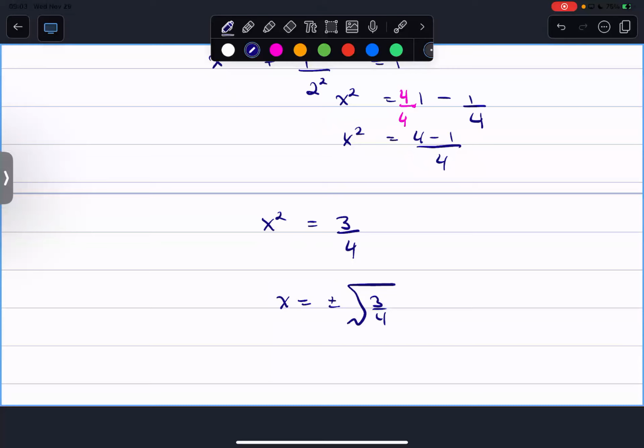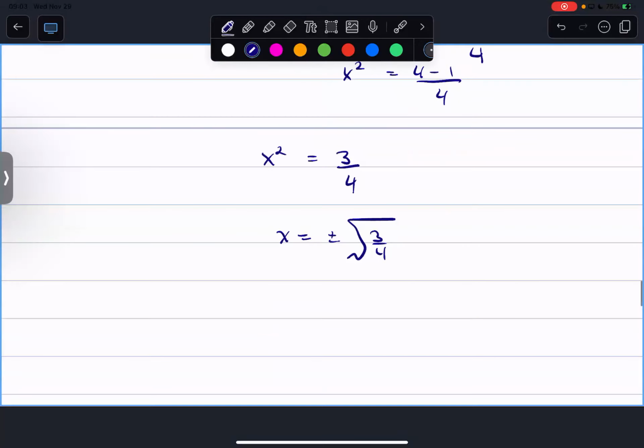x is roughly negative 0.866-ish. I know, it's so impressive that I was able to rein it in. There's more. Or the positive version, 0.866-ish.